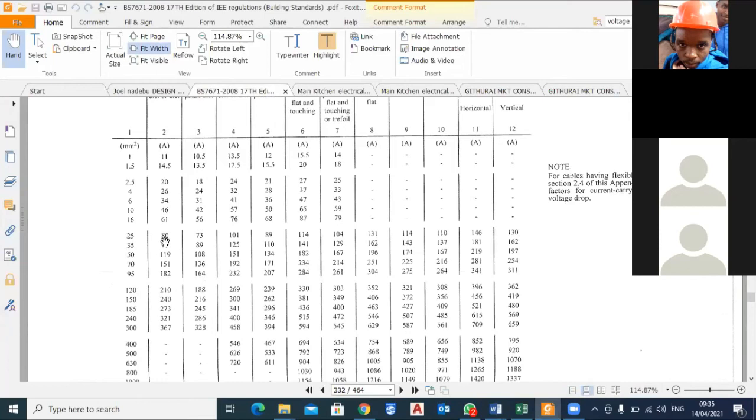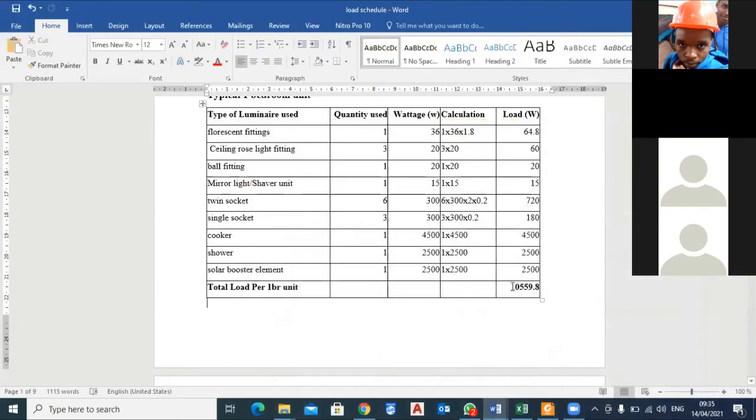Definitely utatumia 25. So that equals 54, breaker 63, and then the current carrying capacity is 80. That's what you'll use. Ukiweka 54, 63 na cable yenye inabeba 61, omba tu Mungu kwa hiyo nyumba wasiweke loads mingi. Hata wakiweka loads mingi, cable yako itachomeka. Na unajua cable zikichomeka wakuwa naanza tu kuita mtu alifanya wiring, hata kama makosa ni ya mwenye nyumba.